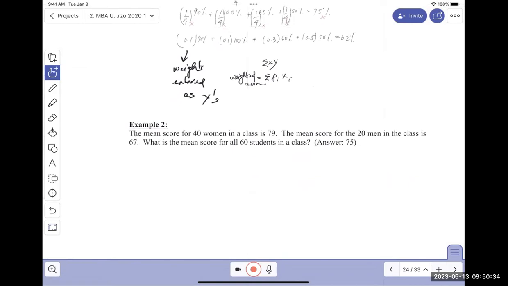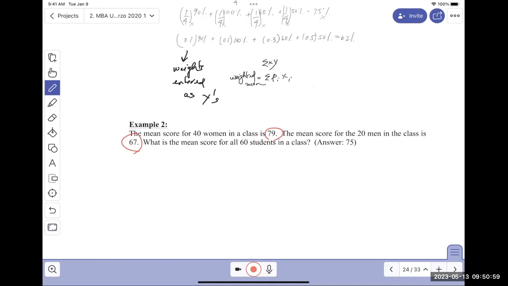And so for this one, it's the same sort of thing where you have a grade of 79 for women, and you have a grade of 67 for men. And you want an overall class score.